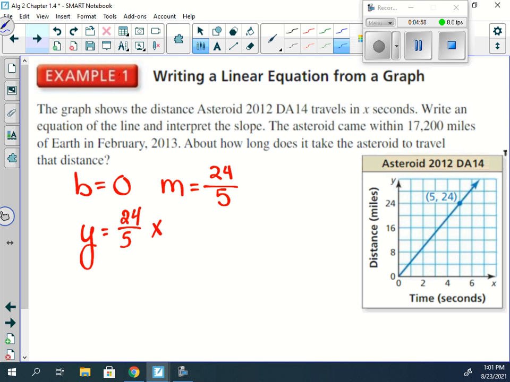So the equation for this line is y equals 24 over 5 x. So this right here is the equation of the line. Any questions on this so far?